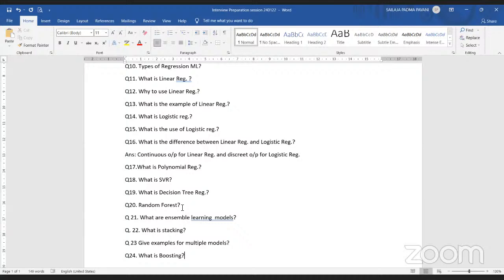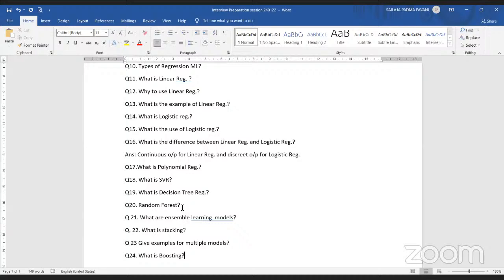Yes, it is also a combination of homogeneous models, but it works sequentially. So boosting is an ensemble learning method that combines a set of weak learners into strong learners to minimize the training errors.